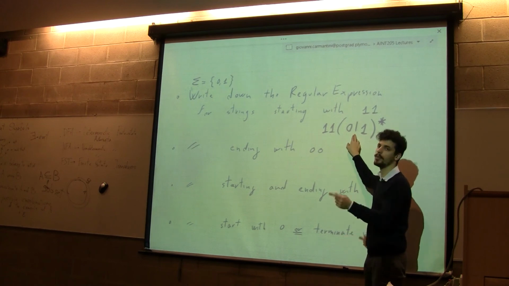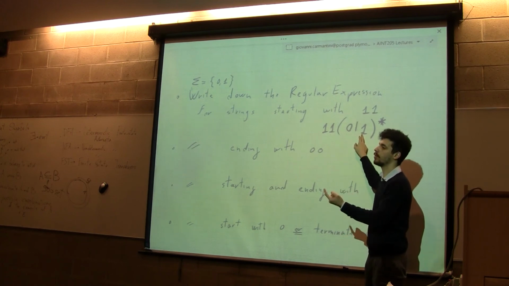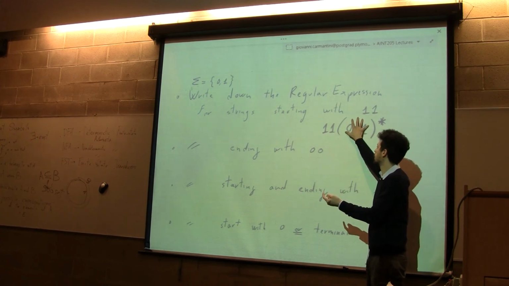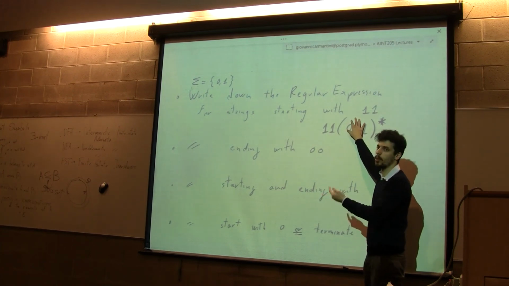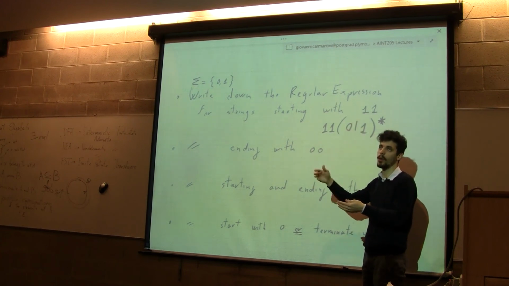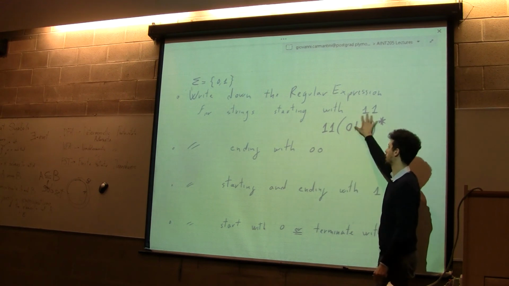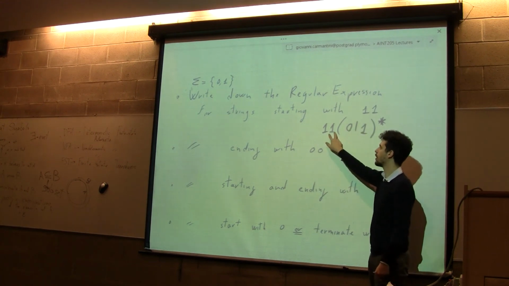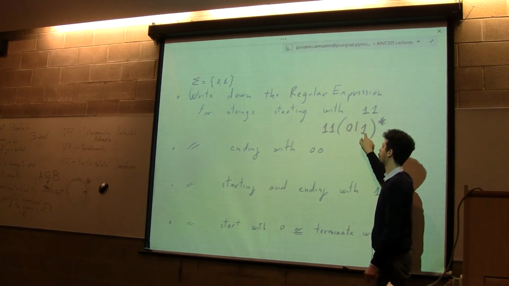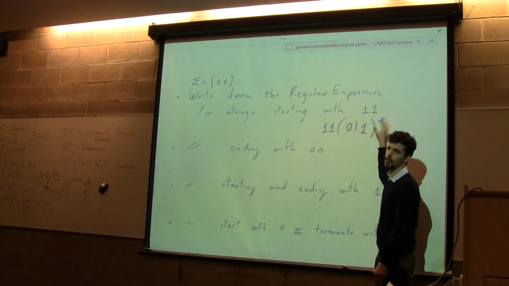Meaning that at each step you can do 0, 1, then the next step you can do 0, 1. So 0, 1 is captured by this. 0, 0, 1, 0, 1, 0, 0, 0, 0, 1, 0, 0, 0, 1, 1. Everything is captured by this, okay? So your string is a string starting with 1, 1 and ending with either 0 or 1 or all possible combinations.